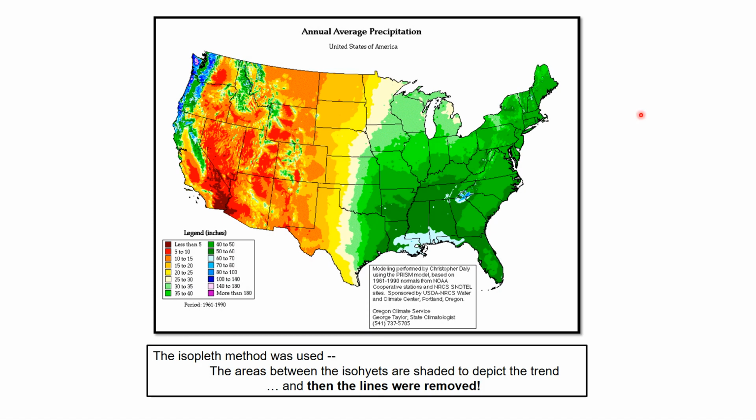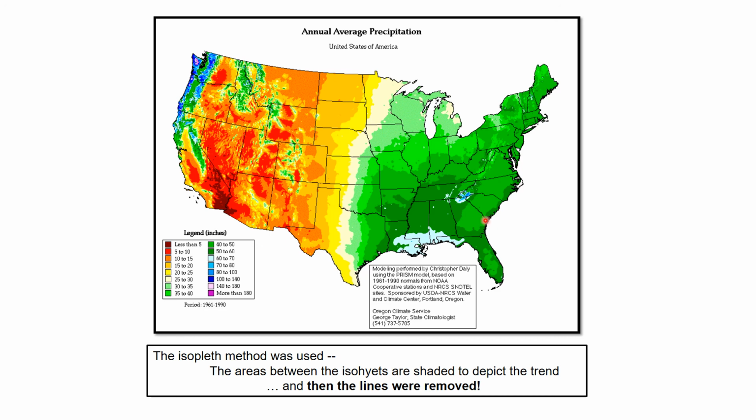Now, this is another map that a student forwarded to me, and he said, is this a choropleth map? It uses color, doesn't it? And I said, well, yeah, but that's not what choropleth means. In this case, it's actually an isopleth map. It's a map of precipitation. Originally, the data were collected, and isolines were drawn. But that's a lot of lines on there. That's a lot of spaghetti.